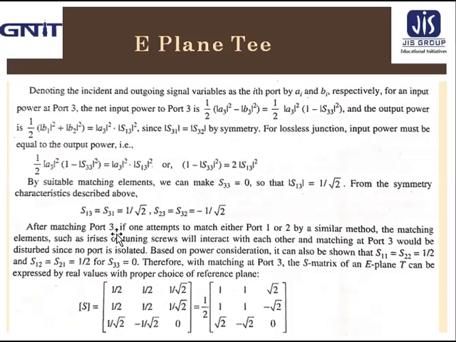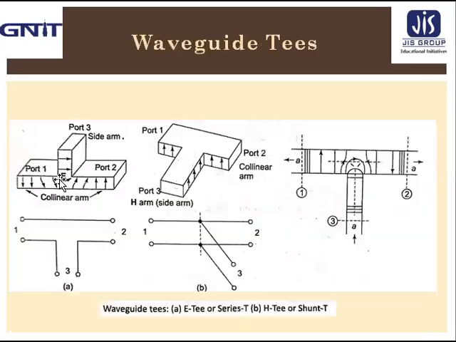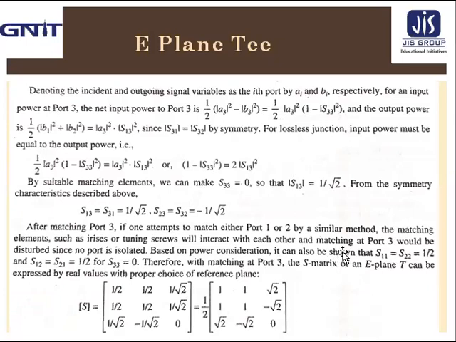After matching port 3, if one attempts to match either port 1 or port 2, then by a similar method the matching elements such as irises and tuning screws will interact with each other, and matching at port 3 would be disturbed since no port is isolated.